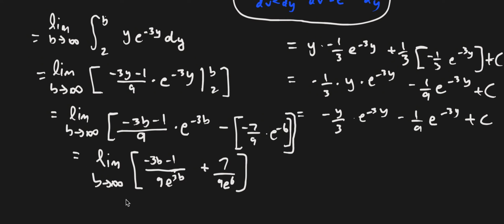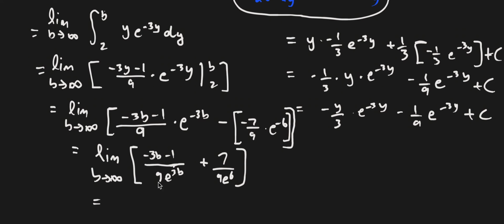As b approaches infinity, the whole denominator is going to get larger and larger at a faster rate than the numerator. Even the numerator is going to get larger and larger in the negative direction, so negative infinity. But the denominator is going to get larger at a faster rate. So this ends up just being 0, and then plus 7 by 9 e to the 6th power. That's actually our answer.